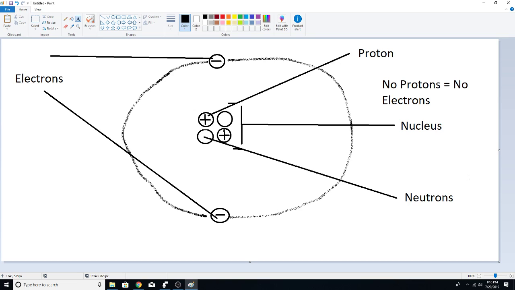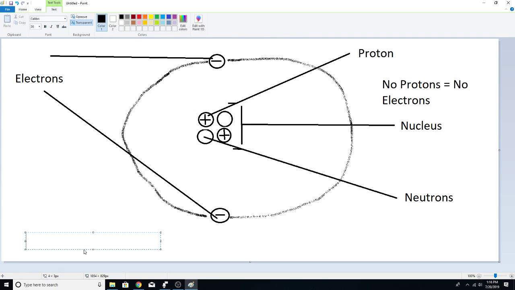So this is what we call a helium atom. Helium has a proton number of 2, and therefore is a helium atom. If the number of protons changes, then you're changing the atom.